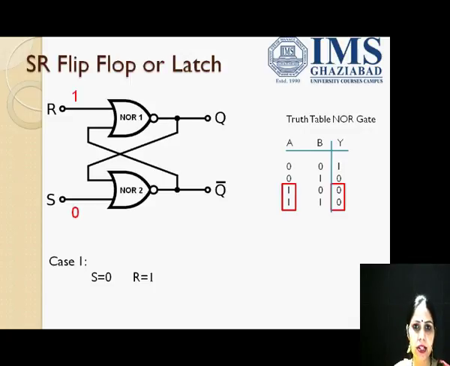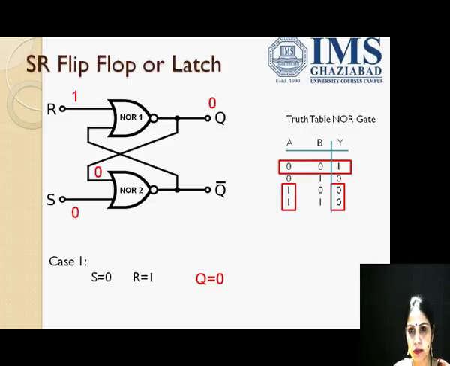Now since R is 1, irrespective of the second input to the NOR gate 1, the output for Q would be 0. Now if output for Q is 0, this 0 would go as the input to NOR gate 2. For NOR gate 2, we have two inputs 0, 0.